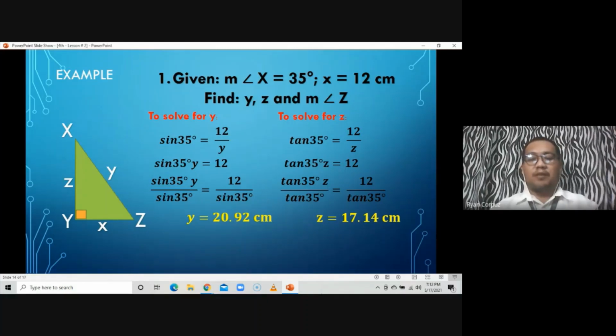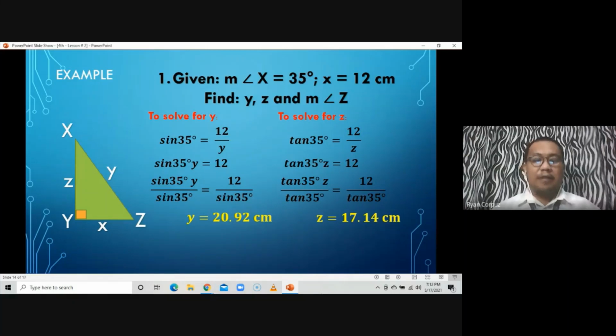So it should be 17.14. Did you get the same answer as that? If not, try to do it again. So baka may mali kayo na pindot or may mali kayong nailagay. So dapat ang maging sagot ay 17.14 centimeters. So that's how we get the value of z.